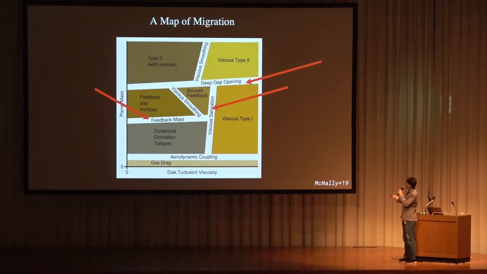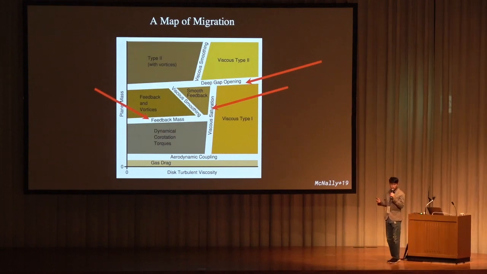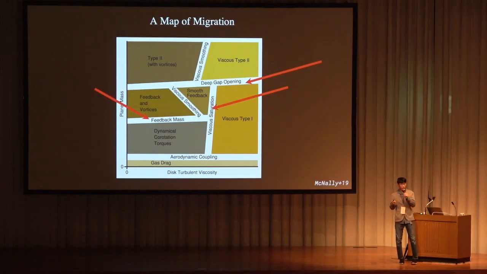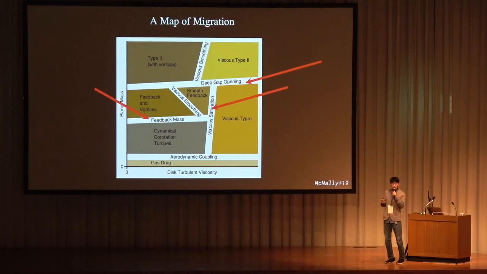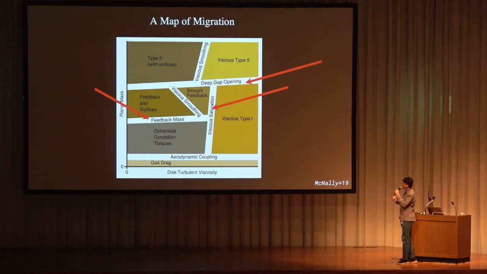One up here is labeled deep gap opening. This is the conventional wisdom that planets that open a gap and planets that don't open a gap may migrate differently. Although this particular division line, I would say, in the past few years has been blurred. And we'll see more details about that in just a few moments.